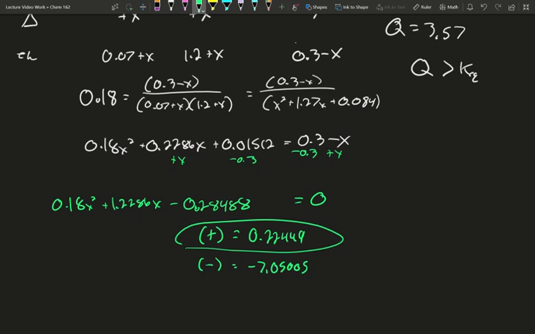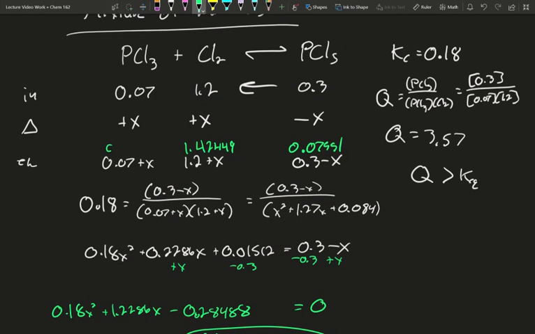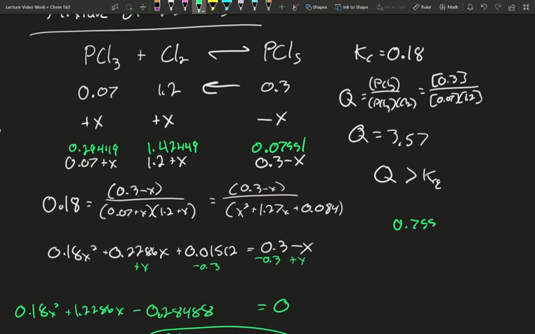Which means our equilibrium concentration is going to be 0.07551 for our product, 1.42449 for Cl2, and 0.29449 for PCl3. Plug those in and check real quick. 0.07551 divided by 0.29449 times 1.42449 is all equal to 0.18.